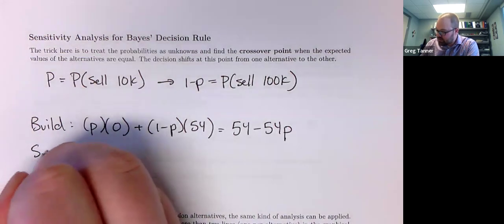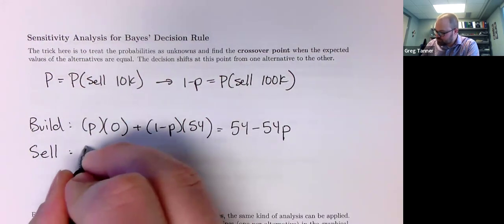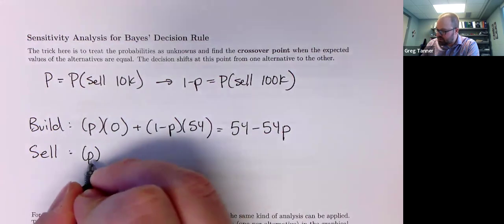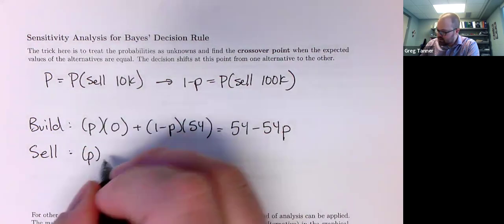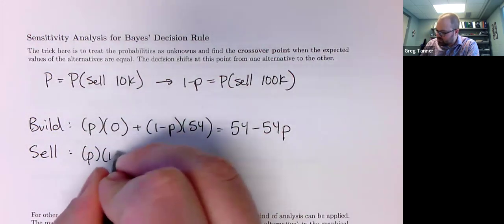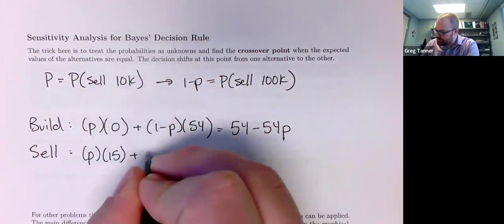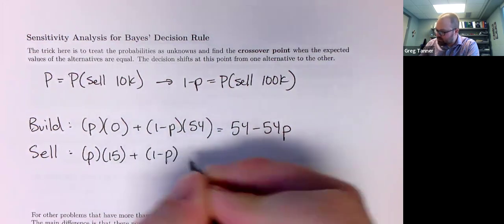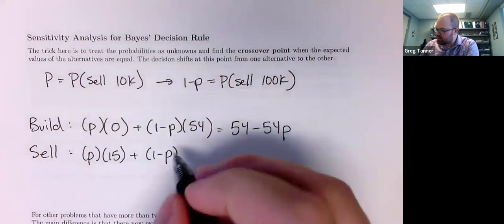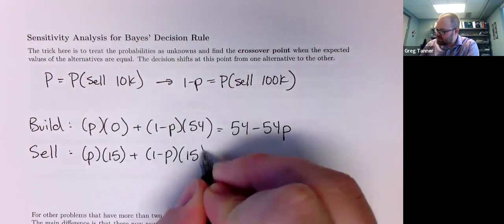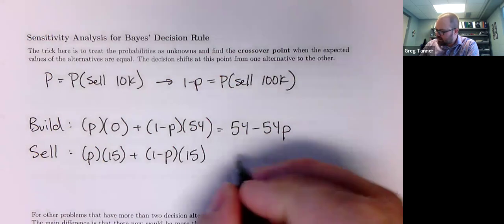If we choose the sell alternative, we still have a probability of P of selling 10,000, and we get a value of 15 if we sell 10,000, and we get a probability of 1 minus P of selling 100,000, and we get a value of 15 if we sell 100,000.